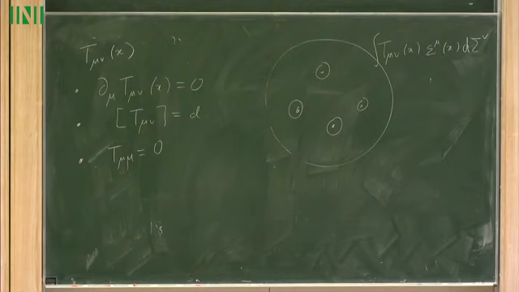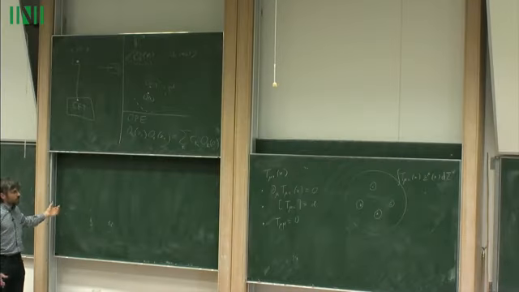So what does this mean in the end? It means that each of these local operators transforms in a representation of the conformal group in d dimensions.